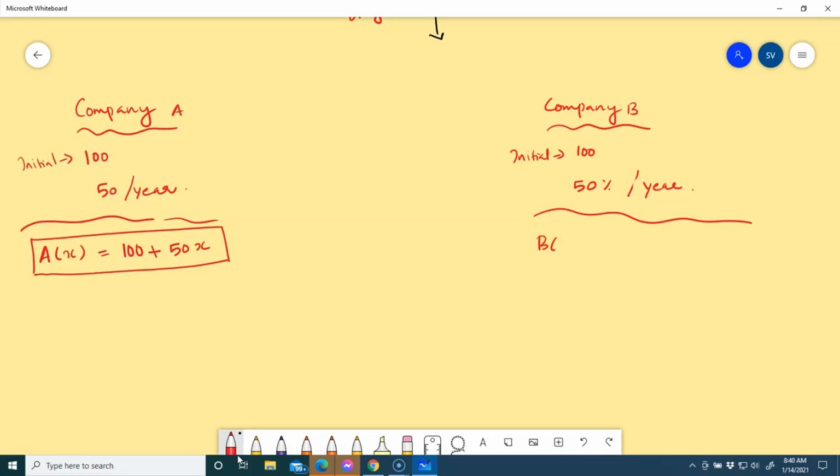So B of x is equal to, we have 100 stores, so 100 times, we can use at this point the very equation that we studied in your elementary classes, the compound growth formula.